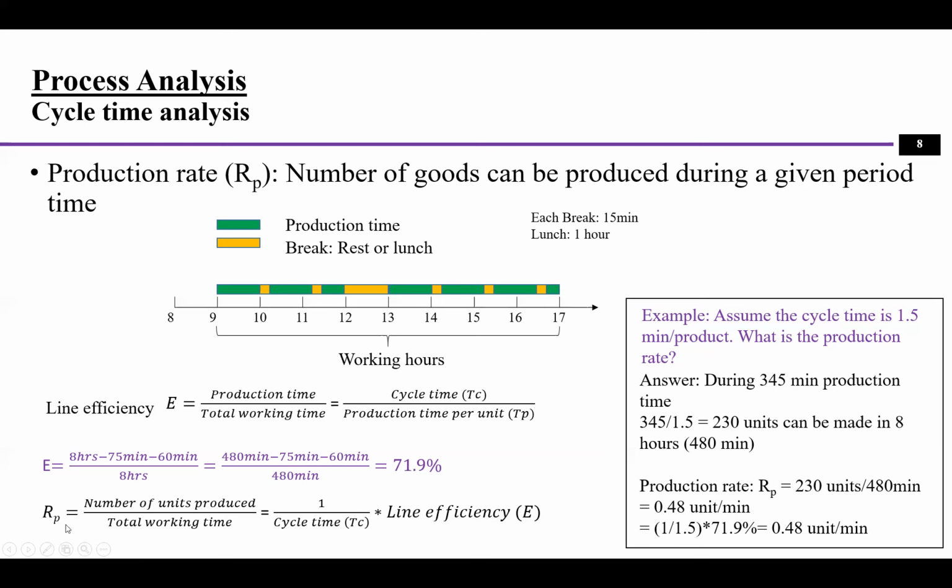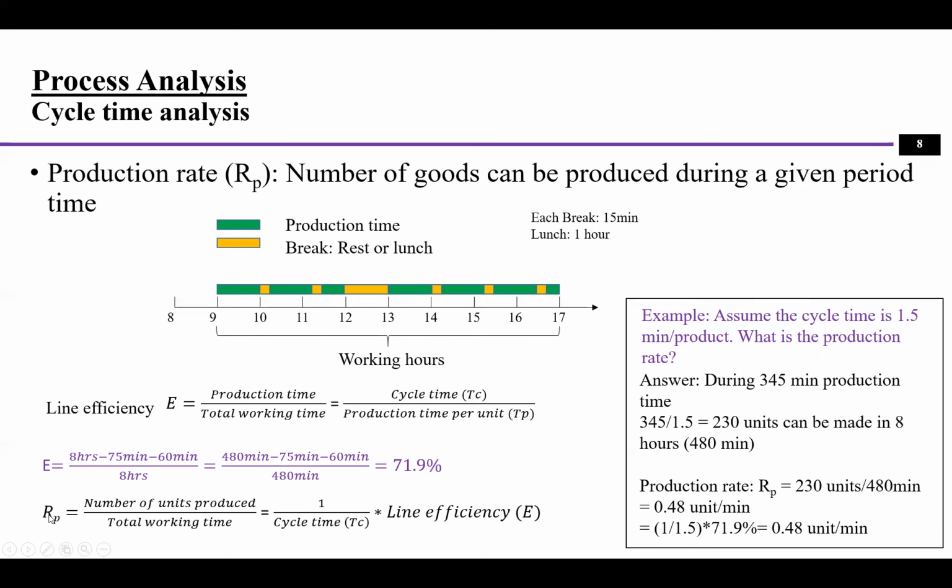And well, the production rate equals the number of units produced divided by total working time. For example, here we assume that the cycle time is 1.5 minutes per product. What is our production rate here?